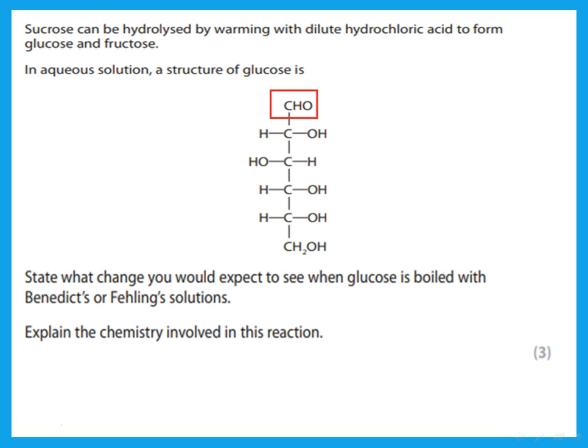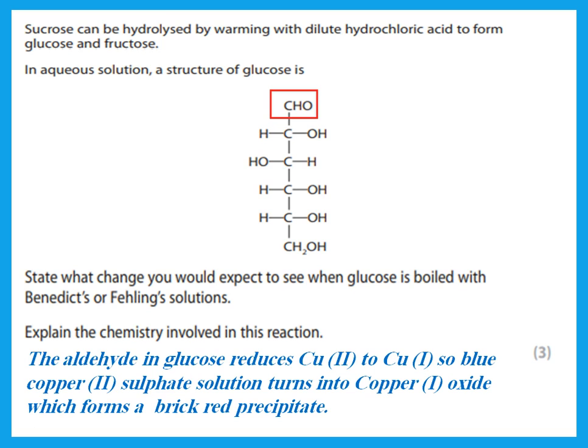Sucrose can be hydrolyzed by warming with dilute hydrochloric acid. Remember that glucose is actually an aldehyde because it has the CHO group at the top. State what change you would expect to see when glucose is boiled with Benedict's or Fehling's. So this is actually an aldehyde. I'm reacting it with Benedict's or Fehling's.